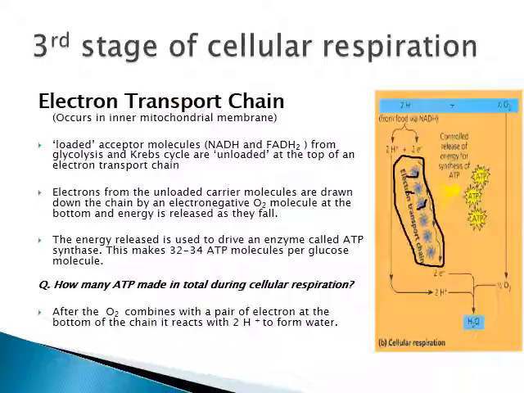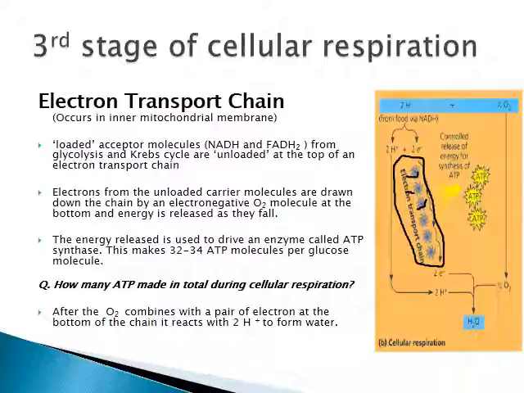And they fall to the bottom of the chain because sitting at the bottom of the chain is oxygen. And oxygen is a very electronegative molecule, which means it has a strong affinity for electrons, and the electrons are drawn down the chain to combine with the oxygen, and that's what happens. So the electrons fall down the chain and combine at the bottom of the chain with oxygen.